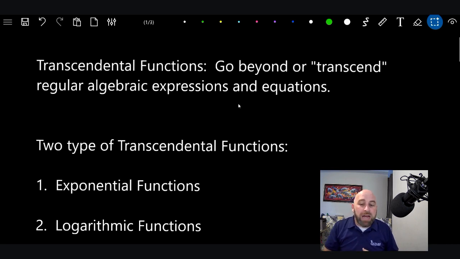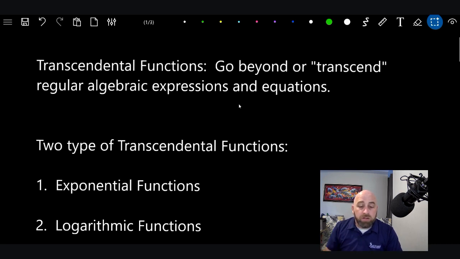They go beyond, or transcend, regular algebraic expressions and equations. What does that mean? It means that they're a little bit deeper. There's a little bit more to them, and they don't always follow the exact same rules that the algebraic functions follow.